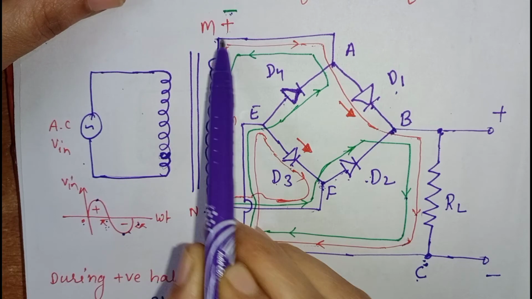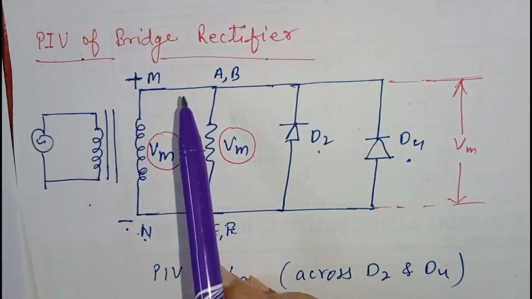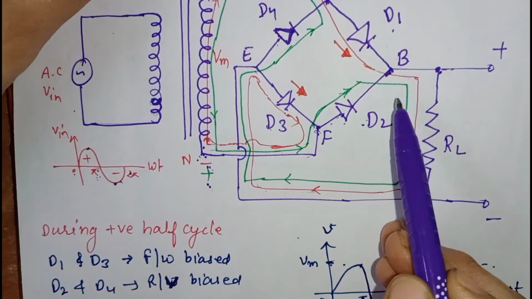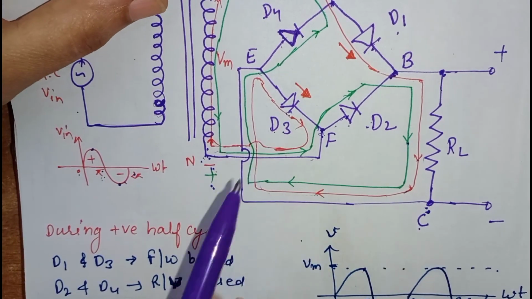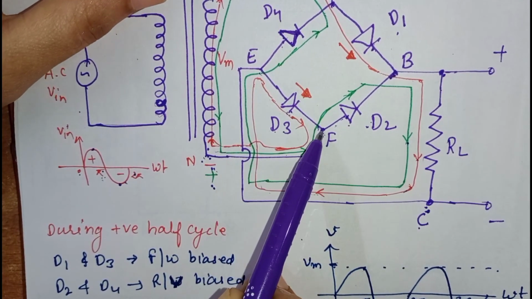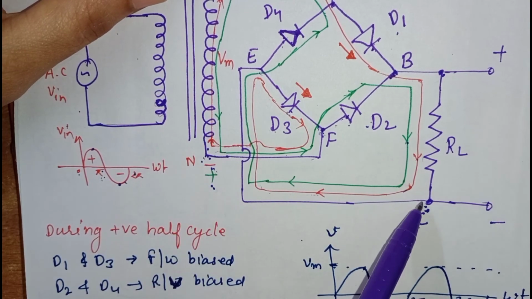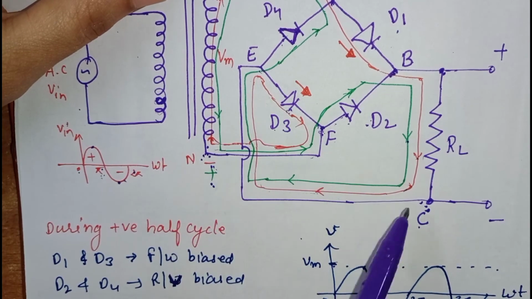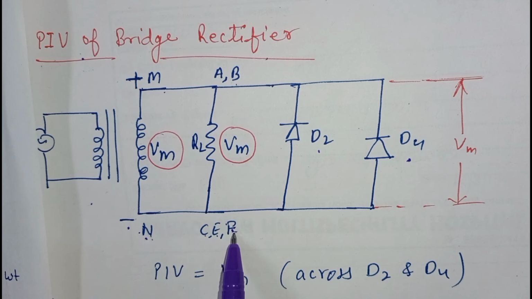So the nodes M, A and B are the same. And D3 also works as a short circuit. So F is connected to E and C, and also F is connected to N. So the nodes E, F, C and N are also the same.